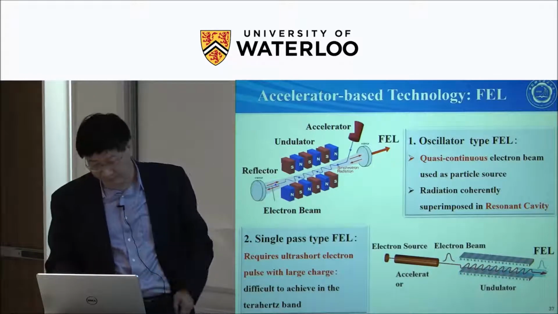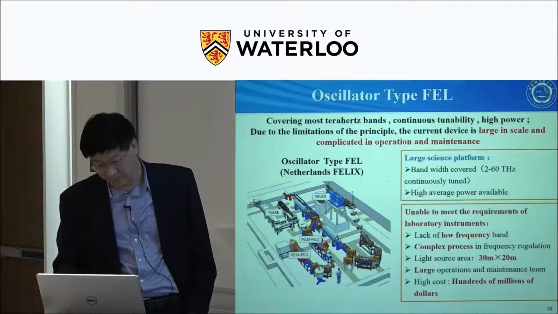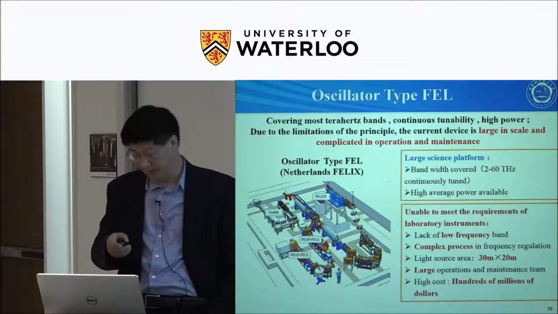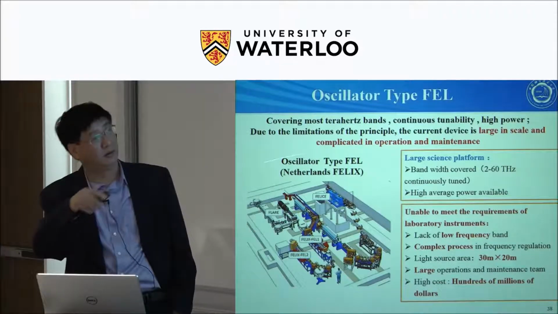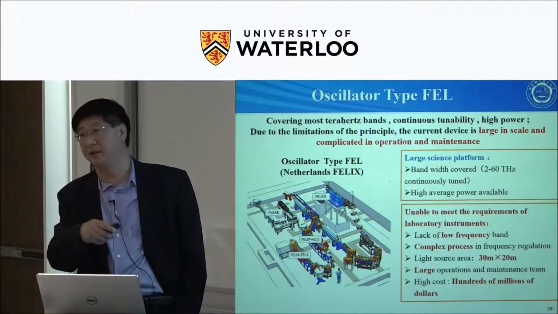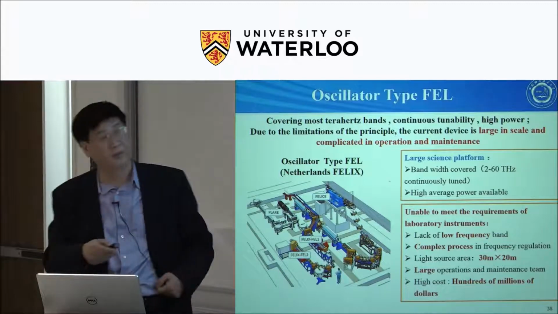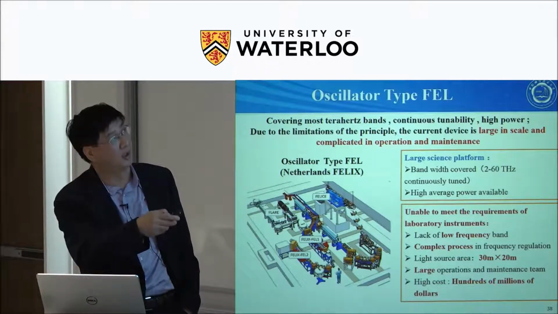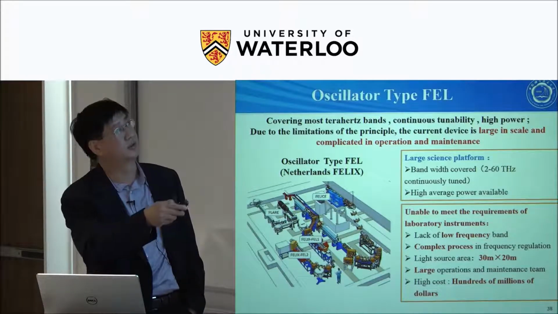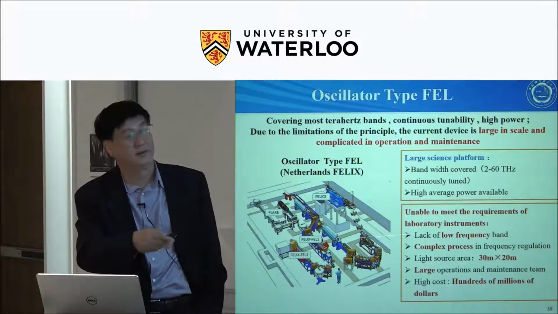But the bad part is that both types of FEL are big. The one I just told you is 3 kilometers long. This is a really big one. Even the oscillator type one, like FELIX in the Netherlands, is big too.